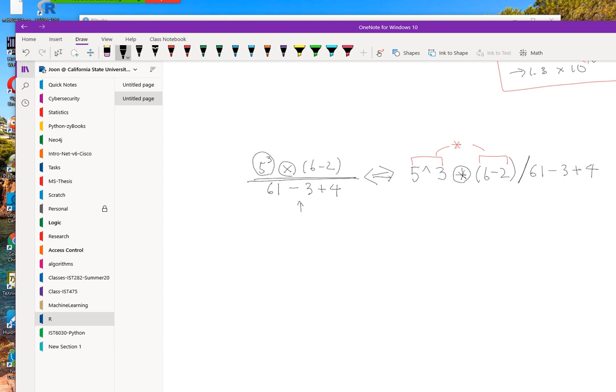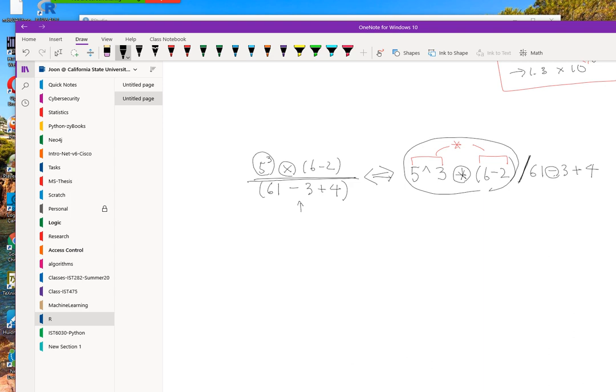But if you write it this way, the problem is that division has higher priority than the minus, so the whole thing will be divided by 61. This is something you don't want, because you need to first compute the minus and plus.